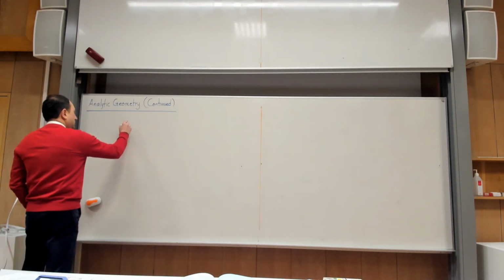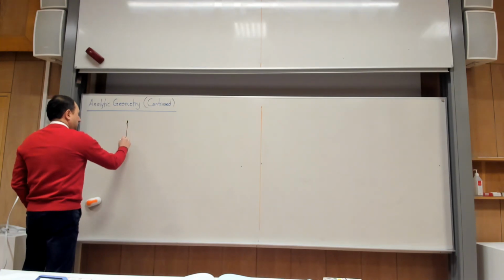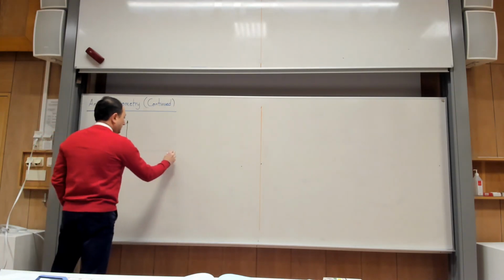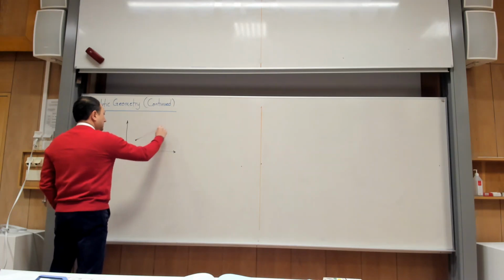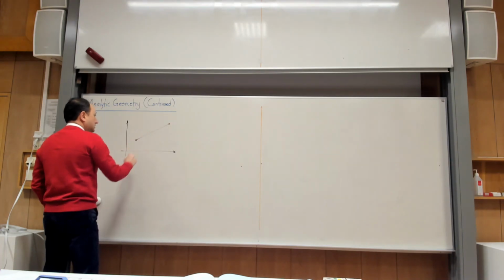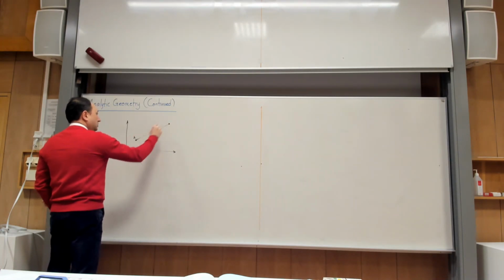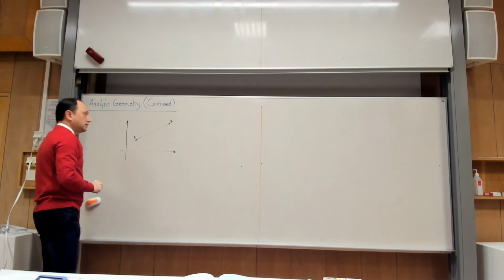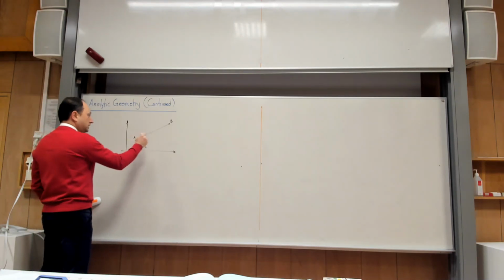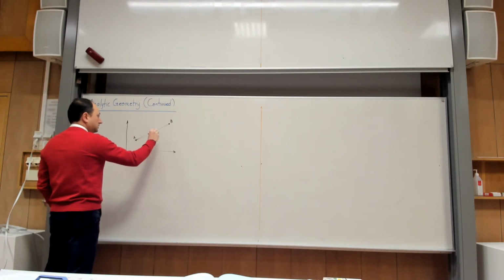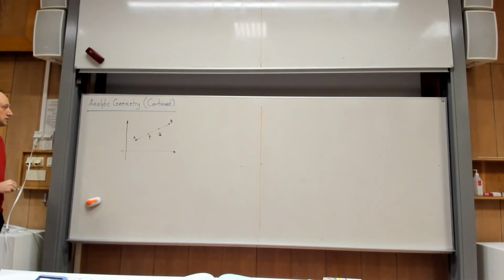So do you remember we talked about, if I have a line segment here, let me call them A and B, and then I trisect my line segment into 3 equal pieces. Let me call this one P and let me call this one Q. Yes?